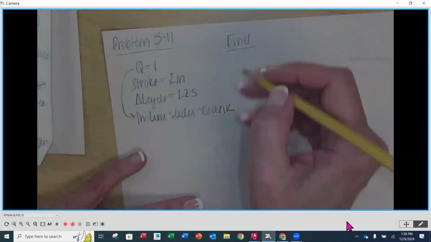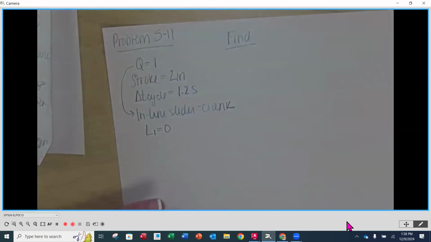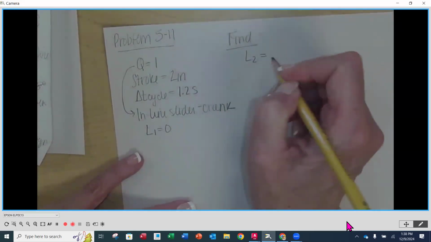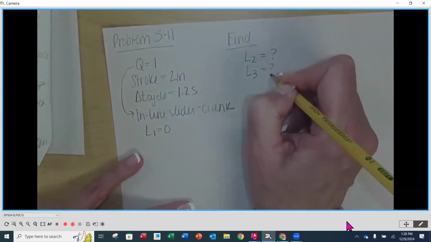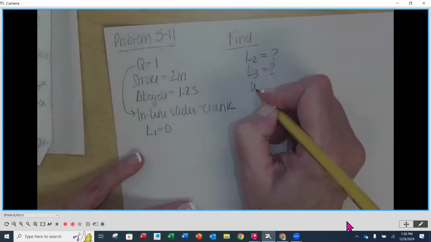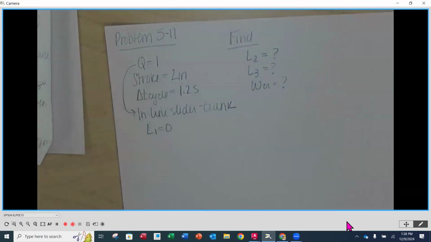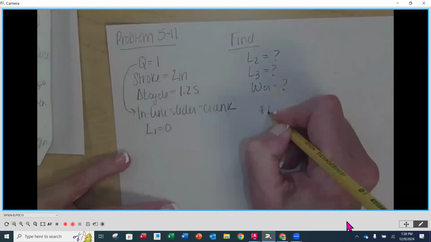We would say that L1 is equal to 0 because there is no offset from the center of rotation to the path of our slider. So we're going to have to find L2, and L3, the length of the connecting rod. And then we are going to have to find our W of our crank, and then we're going to draw it out in CAD.